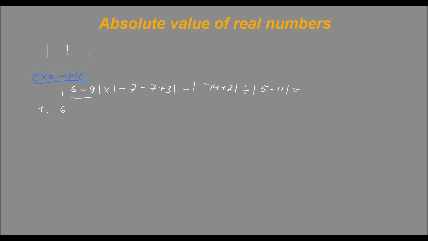Okay, so 6 minus 9 is negative 3. Second step, we're gonna do the expression inside these absolute value brackets: negative 2 minus 7 plus 3 equals negative 2 minus 7 is negative 9, plus 3 is negative 6.